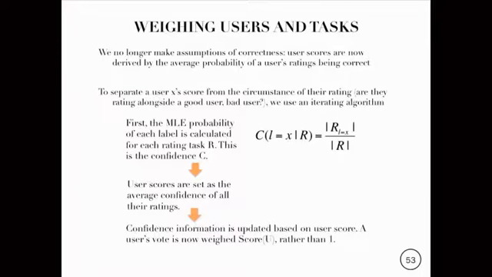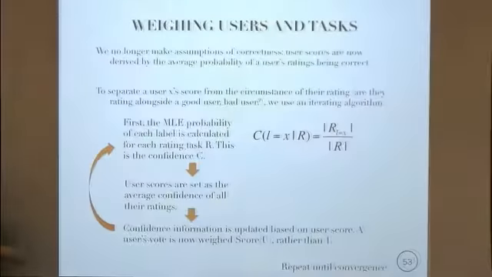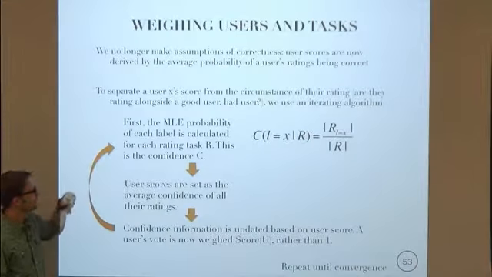And then I went and I recalculated all the user scores after doing that. So it's EM-like in that I had this cost function with the user scores, and over time, what would happen?